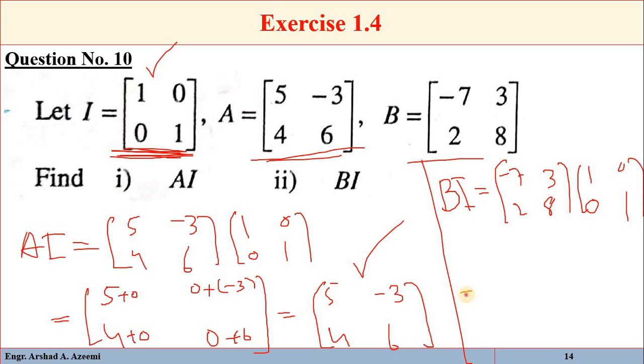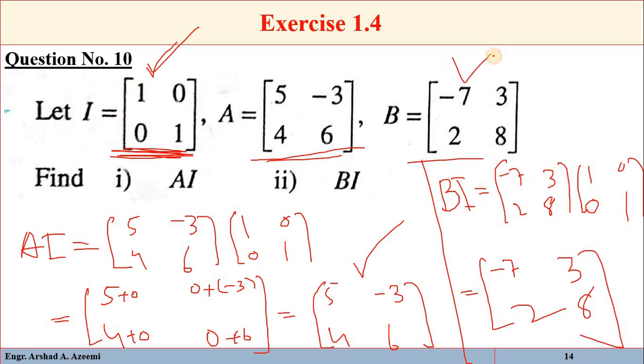See, minus 7 multiplied by 1 is minus 7, 3 multiplied by 0 is 0. Minus 7 multiplied by 0 is 0, plus 3 multiplied by 1 is 3. Similarly here you will get 2 and 8. So if this identity matrix is multiplied with B, again you will get the matrix B. So this is called the multiplicative identity.